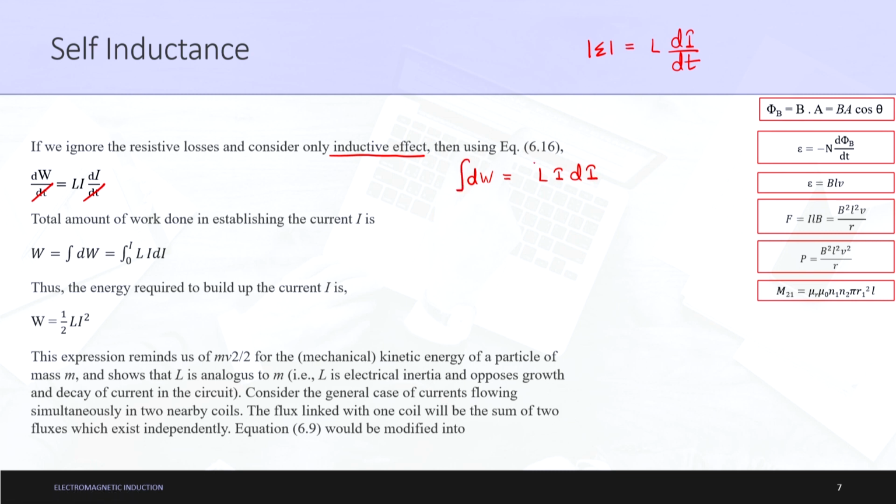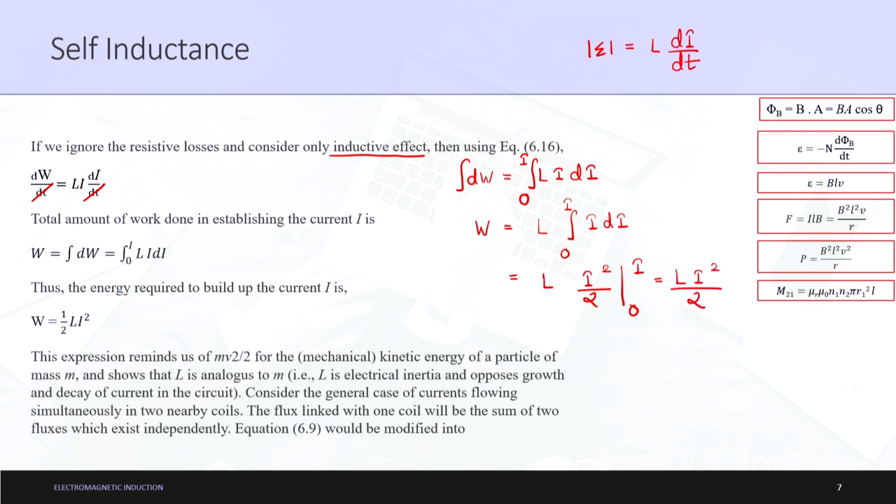If we integrate it, the value of current established will start with an initial value of 0 and go to the maximum value of I. So therefore the complete work done will be nothing but, L is constant here, L integral from 0 to I of I dI. We know this integration, this is nothing but L I squared by 2 from 0 to I, which is equal to L I squared by 2.